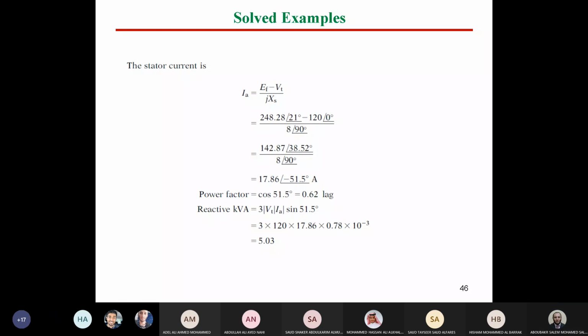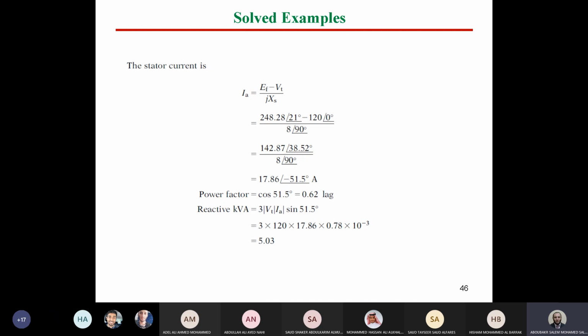The power factor is nothing but the cosine of the angle of current, because V terminal is the reference. So we can say now power factor is cosine 51.5, which is 0.62, lagging because the current angle is negative.